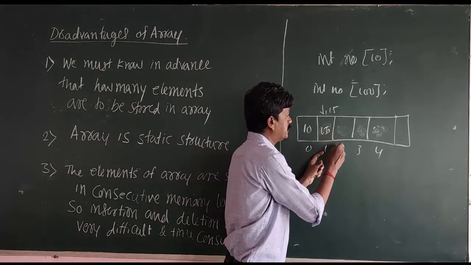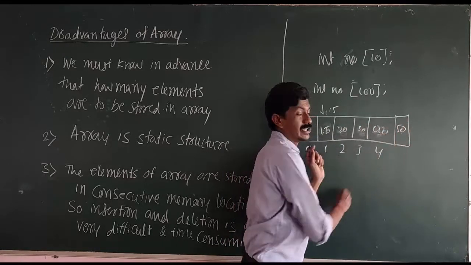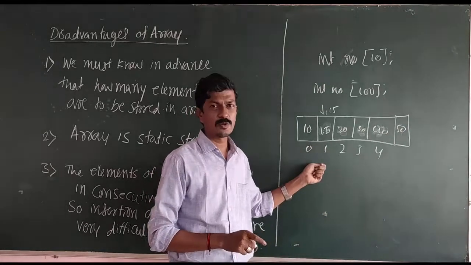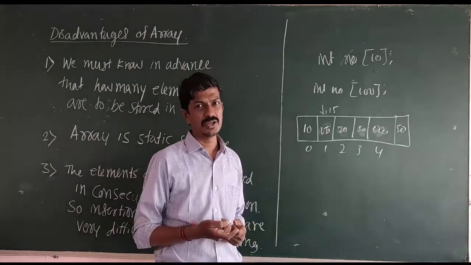If we insert 15, then 20, 30, 40, 50 are all shifted to subsequent indexes. Insertion and deletion operations on a given array are time consuming and difficult operations.